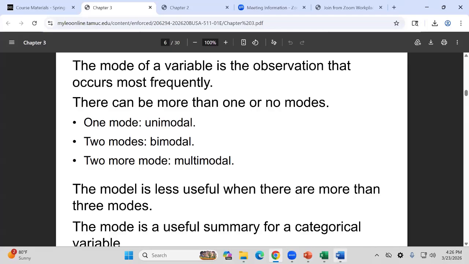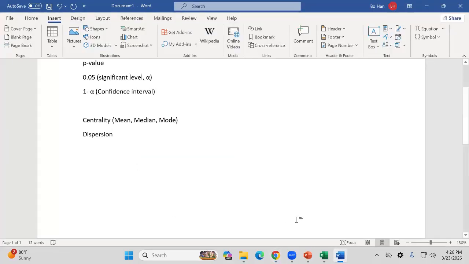So the next topic is dispersion. This measures how the data set varies around the central point.